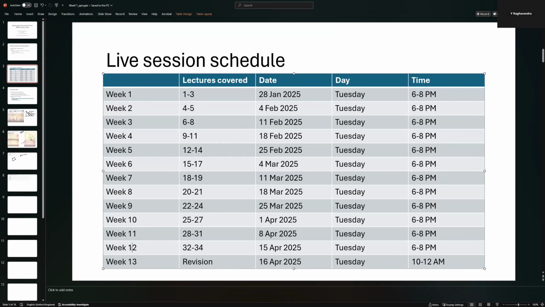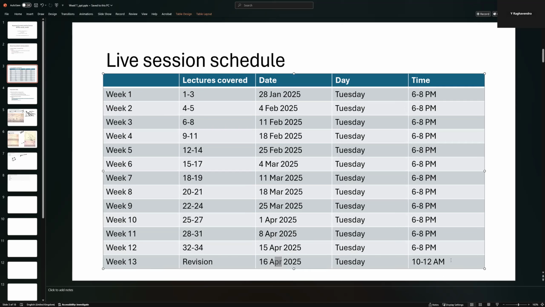This is the 11th week, so we'll have one more session on the 16th, and we can discuss the assignment and then have a revision session.